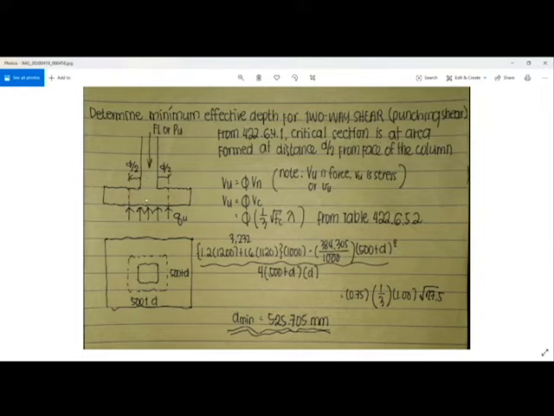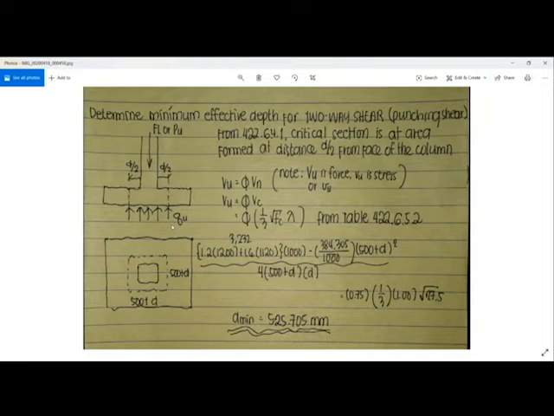And as you all know, it shall be reacted by bearing from our soil, which is equal to QU.